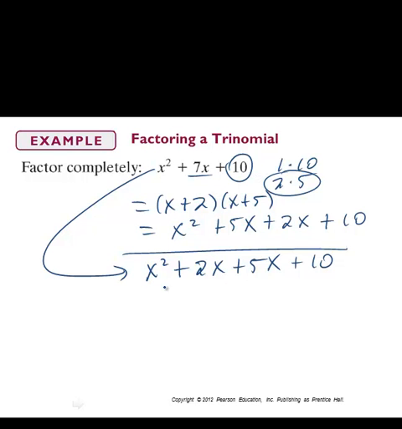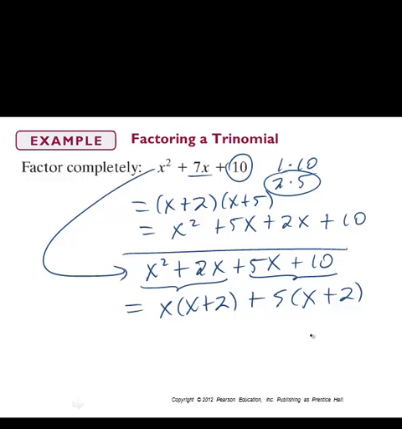And then you can factor by grouping, by looking at these two first terms now, and factor out the common x, and then you have x plus 2 plus, and then for the last two terms you can factor out a 5 times x plus 2, and then you can factor out the common x plus 2 to give you 5 plus x, which I'll write as x plus 5 times x plus 2.